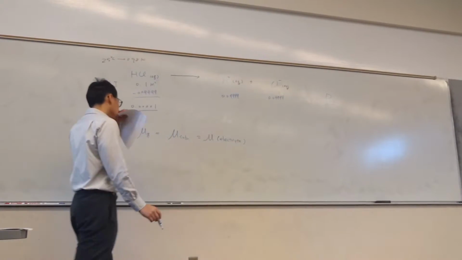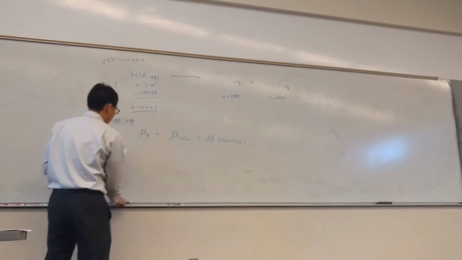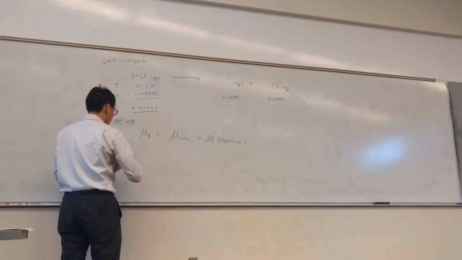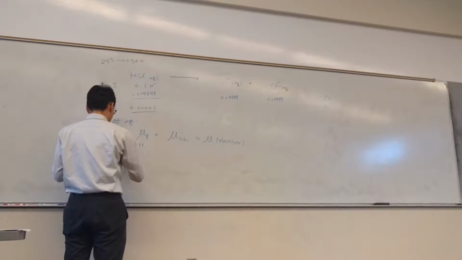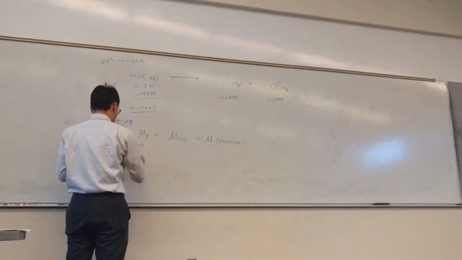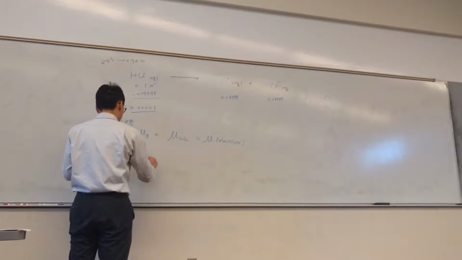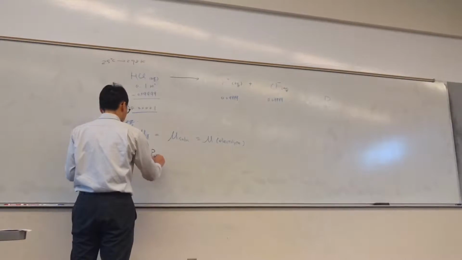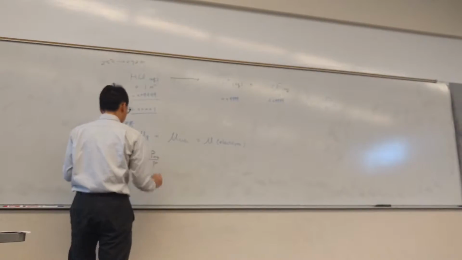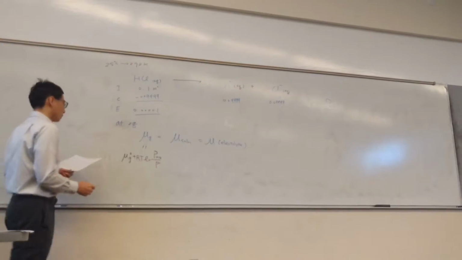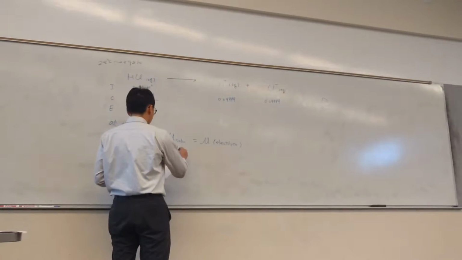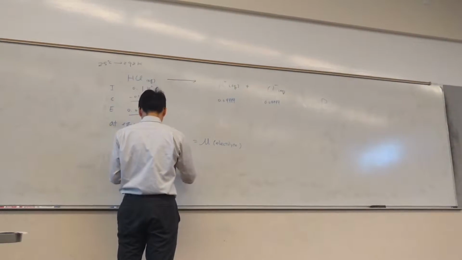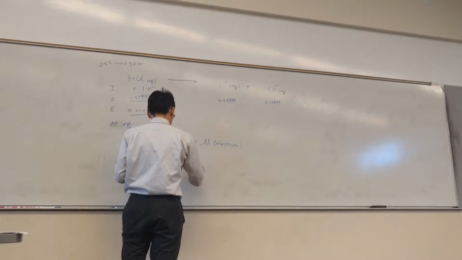We will write mu_G equals mu_G naught plus RT ln(P_HCl over P naught). Then mu_solution equals mu_liquid naught plus RT ln a_HCl.